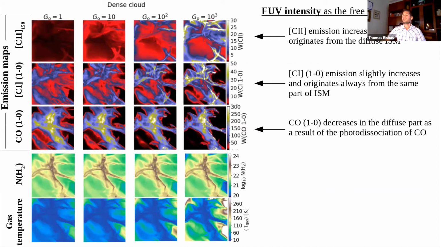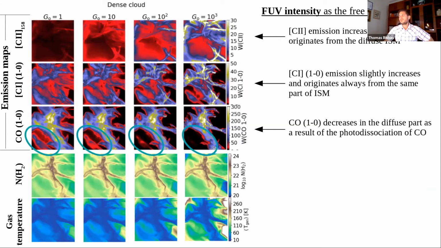And the CO here, because of the photodissociation of CO by the FUV photons, we see that the outer parts of these clouds do not emit in CO 1 to 0, because CO has gone through photodissociation. But we have also quite bright regions which stay in the filamentary structure, because FUV photons have been severely extinguished.